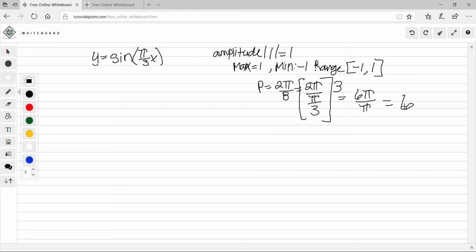Okay, now do we have a phase shift? So our phase shift is pi third x equals 0, and so we have no phase shift.